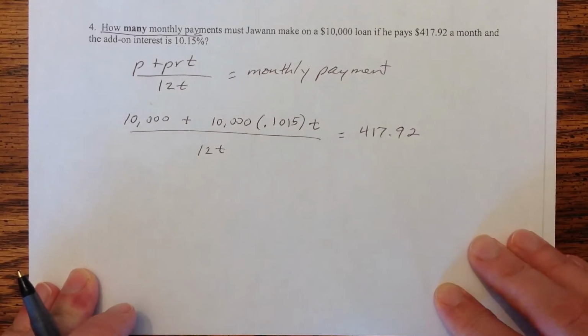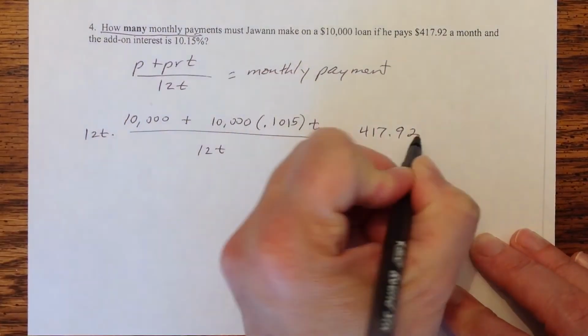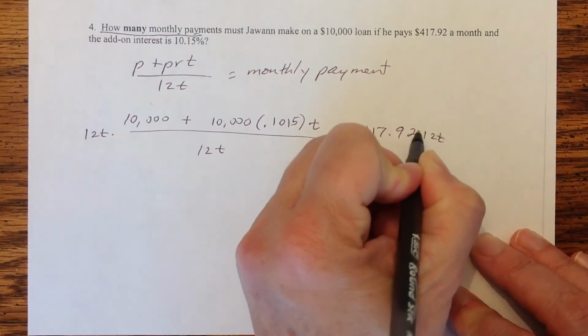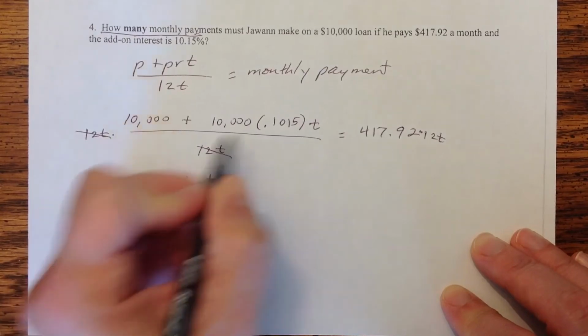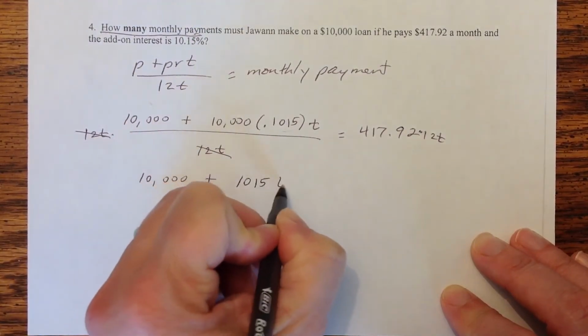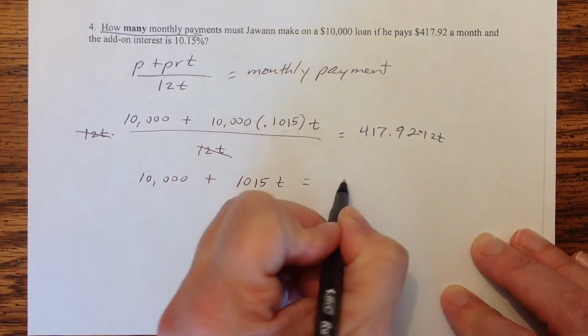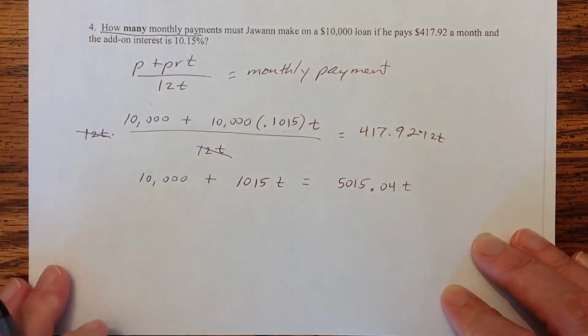Now, I am going to multiply both sides by 12T to clear out my fraction. So these drop out. I get 10,000 plus this right here. I'm going to multiply together and get 1,015T equals 5,015.04T.